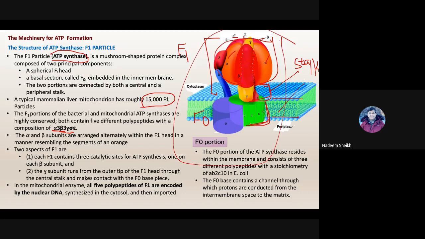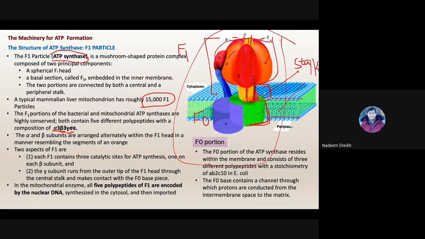Means alpha and beta subunits are alternating with one another. Gamma subunit is present in the center as a stalk. आप इसको ऐसे समझ लीजिए कि आपने एक अम्ब्रेला को ओपन किया हुआ है. जो अम्ब्रेला का हैंडल है which is in the center, that is gamma subunit, और जो एक अम्ब्रेला शेप या मशरूम शेप बनी हुई है, उसमें आपके पास अल्फा बीटा सब यूनिट्स हैं.